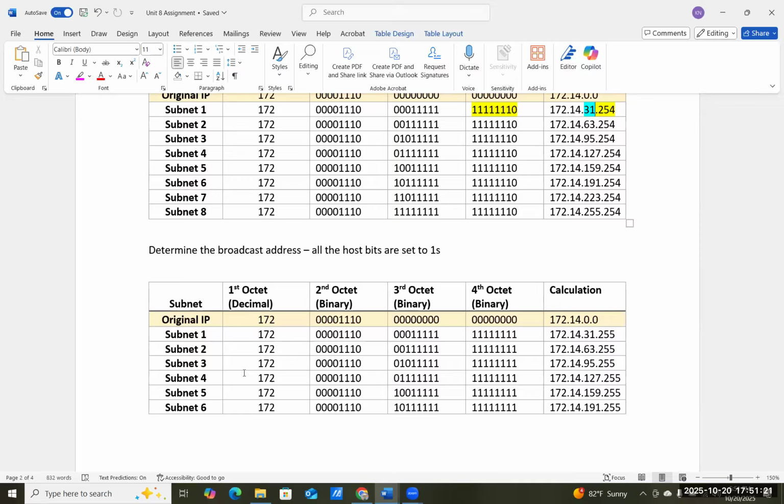It's exactly like the last table, except that we increment the last octet by adding 1, so it's 255. Like I said, you cannot have 32 here because 32 belongs to the next group. So it has to be 31, 64, 95, 127, and so on.